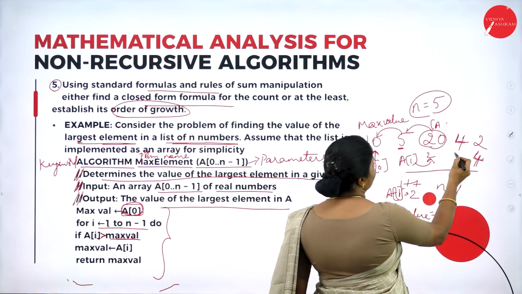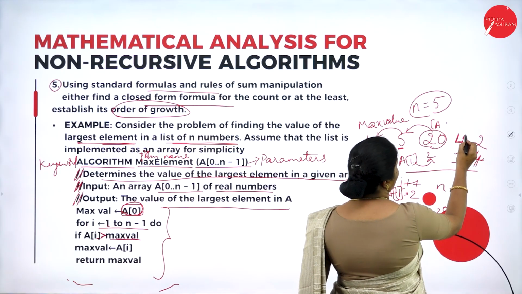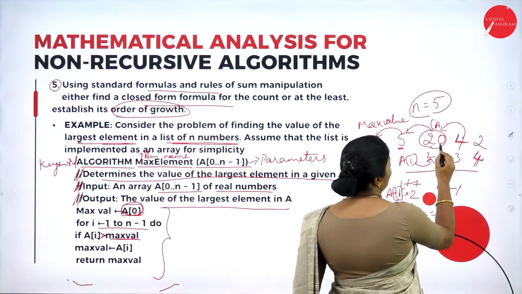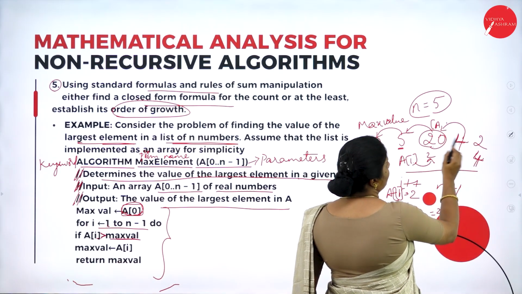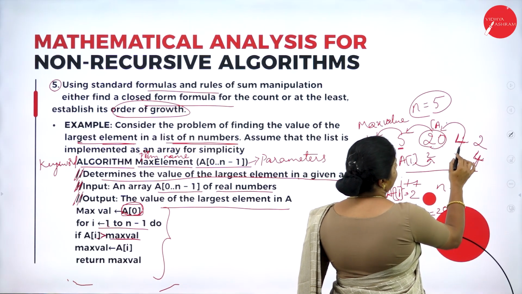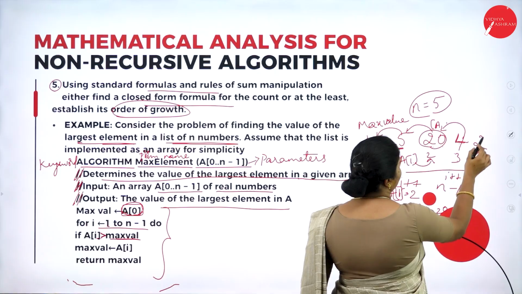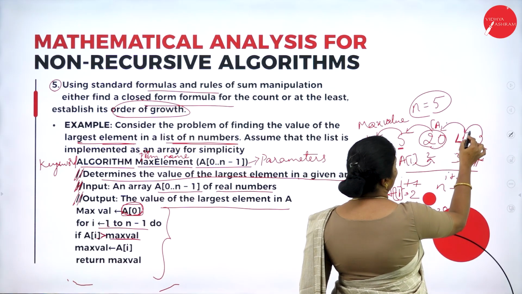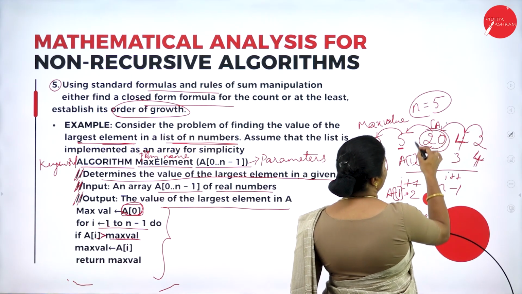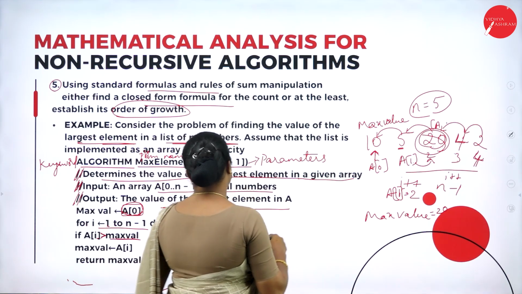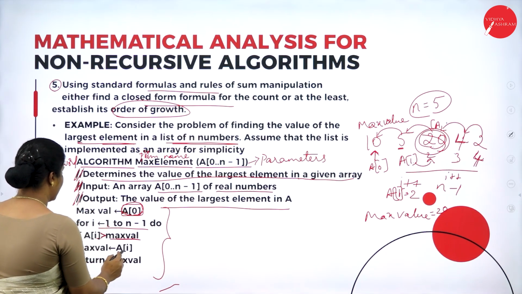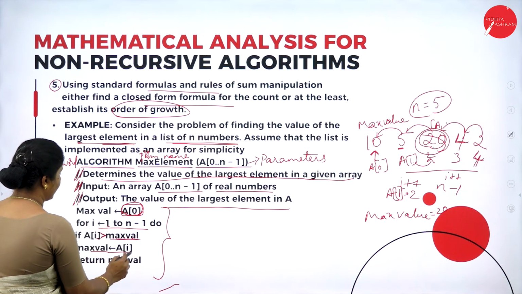So now the I value is 3. Compare 4 with 20. The 20 is the maximum value. The result will be false. Next, I plus plus. Now it compares 2 with 4. No. So what is the maximum value now? 20. So return the max value; that will be written in the last.